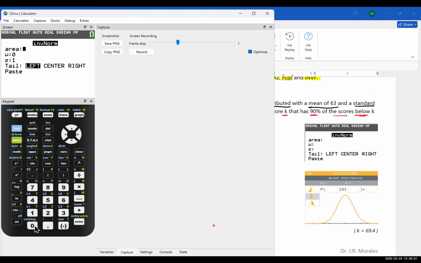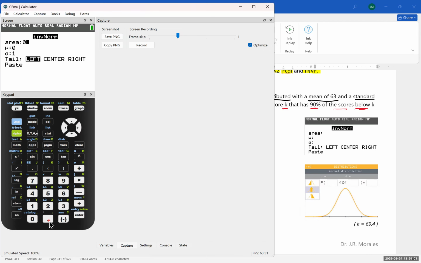So I'm going to put 0.90. We have a mean of 63, a standard deviation of 5, and what we want is the area to the left. What's nice about this inverse norm function on this version of the calculator is that it gives me some prompts that help me fill in the values.